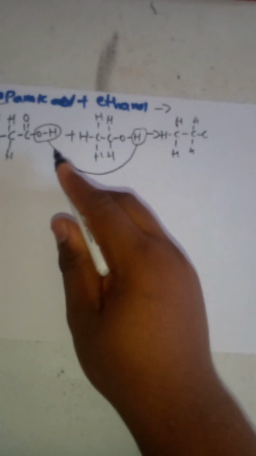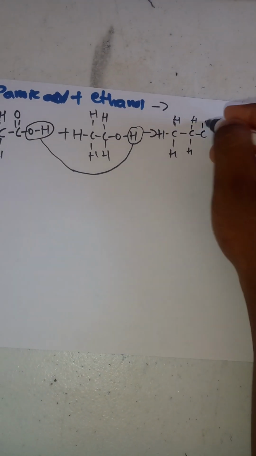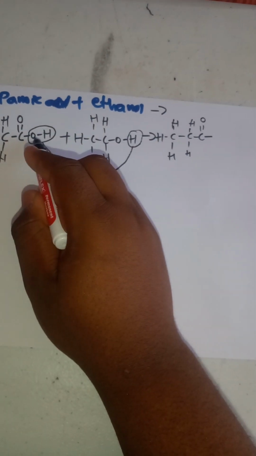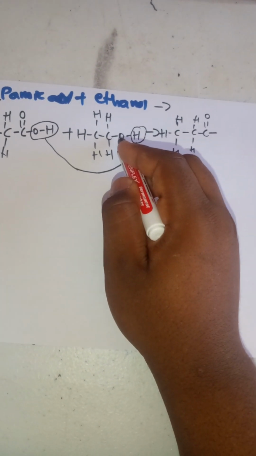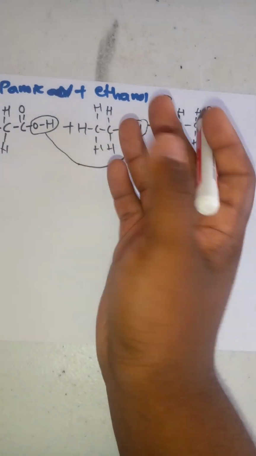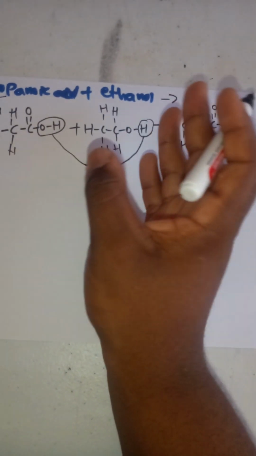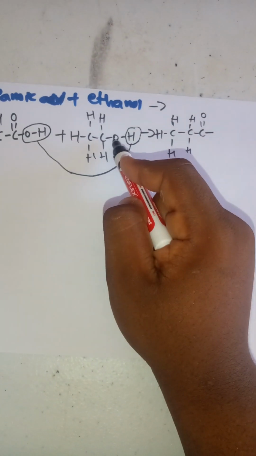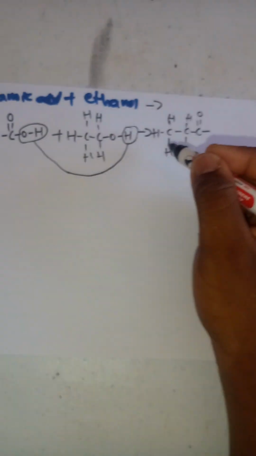We removed this OH, meaning that here we have the carbonyl group. But now since we removed the OH, we are simply gonna bond it with this oxygen here. I don't know if you can understand, we are just simply flipping this thing. We are simply gonna put this O here and then write it just like that.